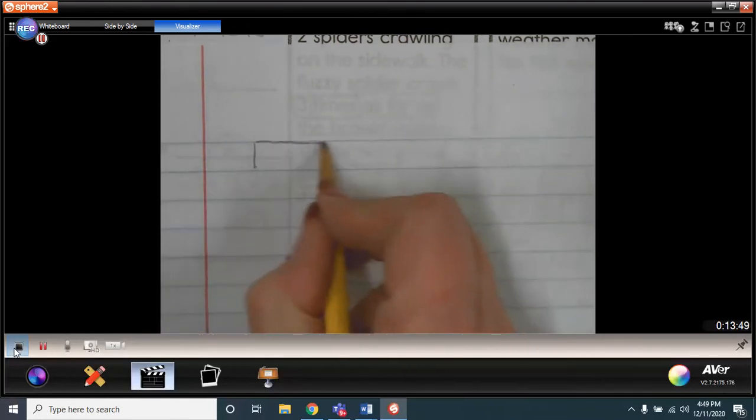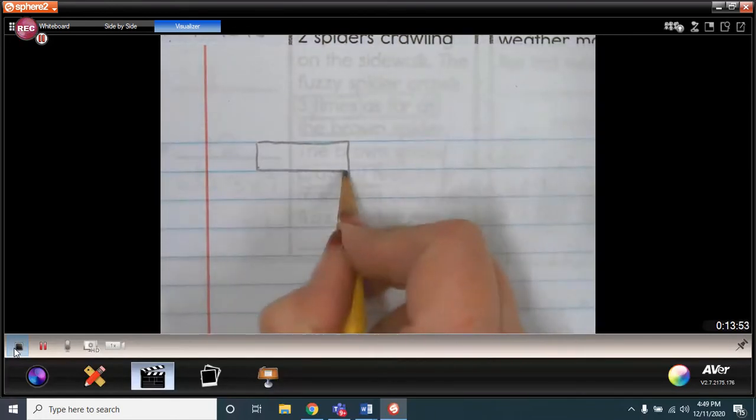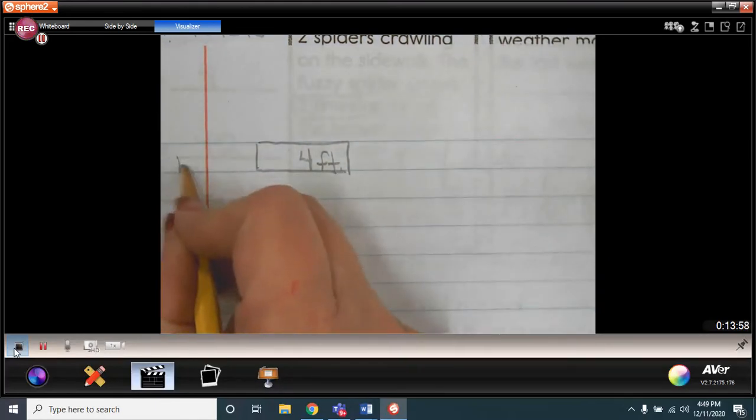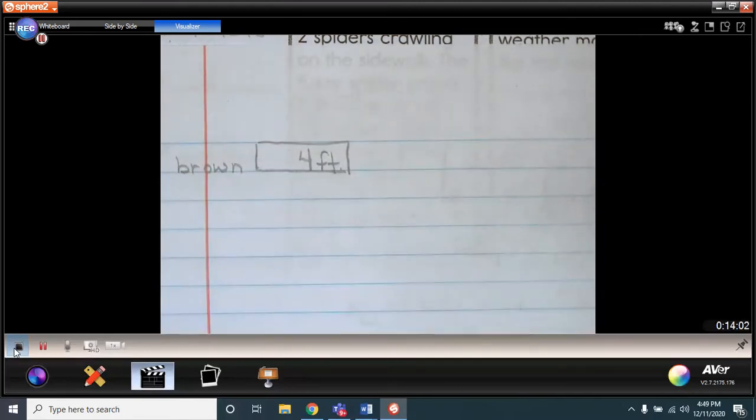So we know that the brown spider has crawled 4 feet. And I'm just going to label this, and I'm going to put brown next to it. This is just going to help me visualize what's happening here.